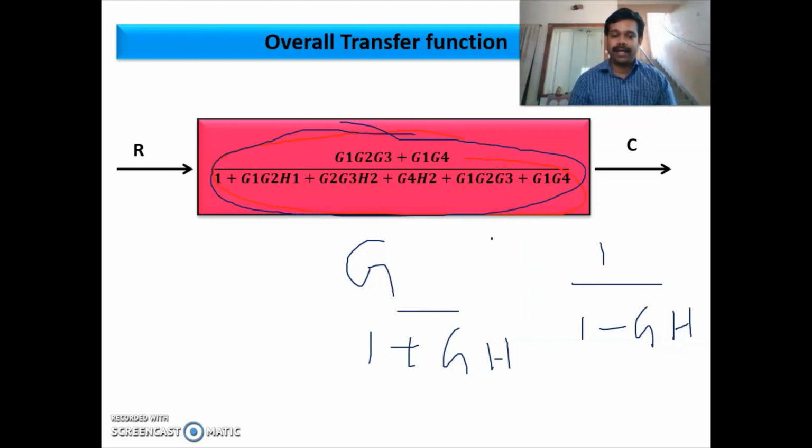Okay, then only you will understand this problem. So without practicing you can't do this problem. Okay, in examination you will be struggling. So please, today itself you must do this problem in your notebook. Both the methods you have to do. What you have to do is just copy the first figure from the question, and write the steps and reduce the block diagram till you are getting the overall transfer function. Okay.